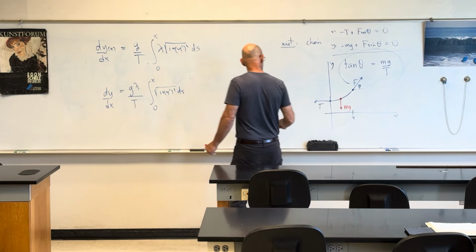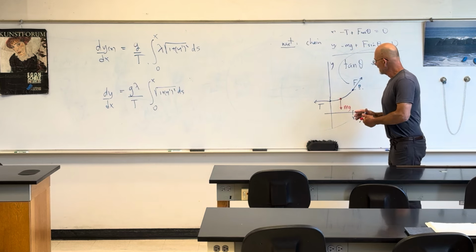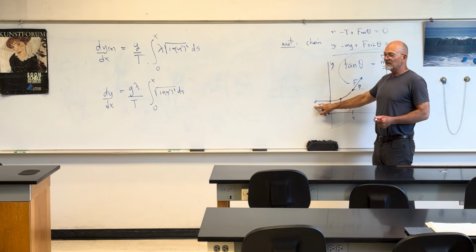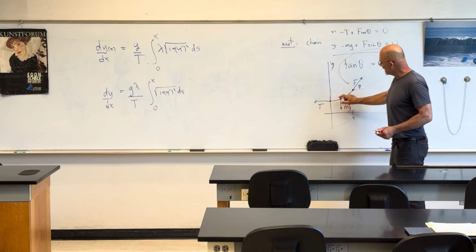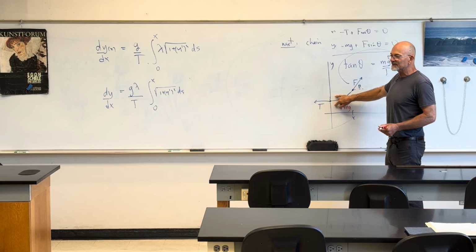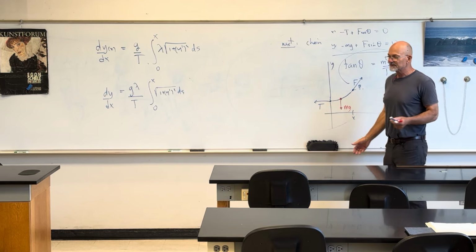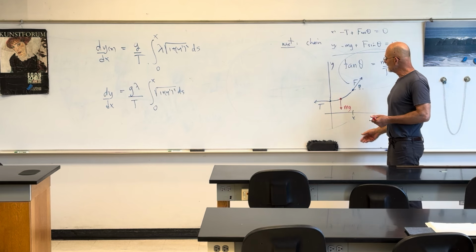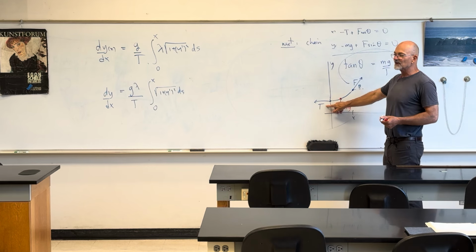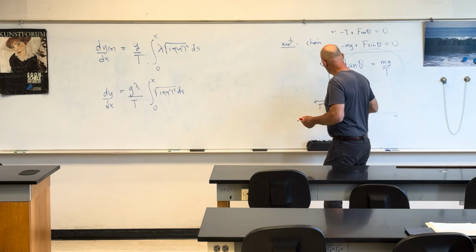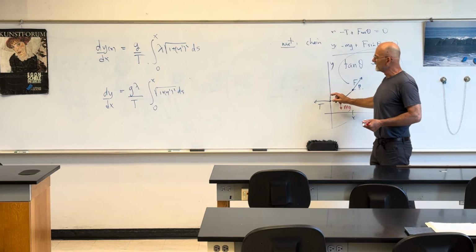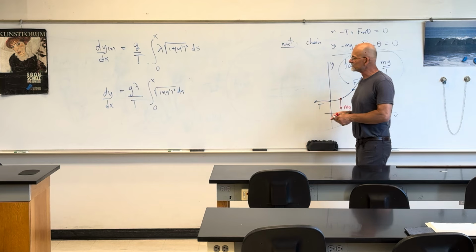Because think of this, you've got this chain here. The scale is telling you a tension that's pulling to the side. If G increases because you're on Jupiter, or G decreases because you're on the moon, then that tension is going to decrease proportionally. And ditto with lambda. If the chain is more massive, then that tension is going to increase as well.